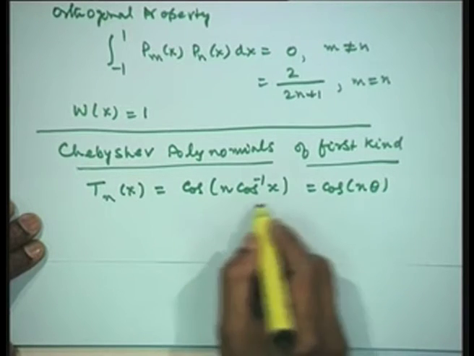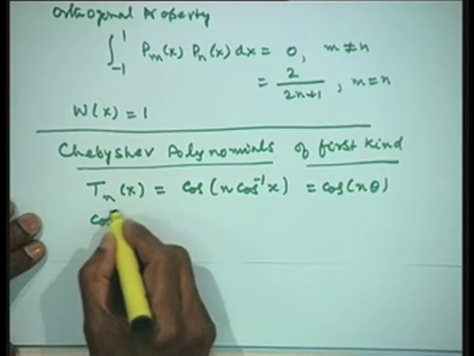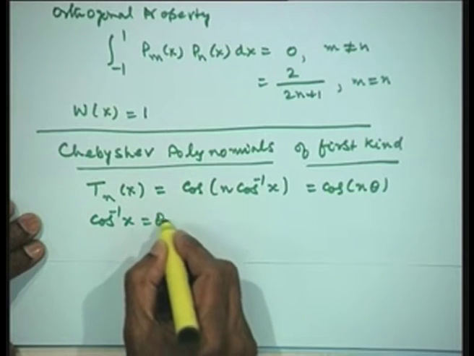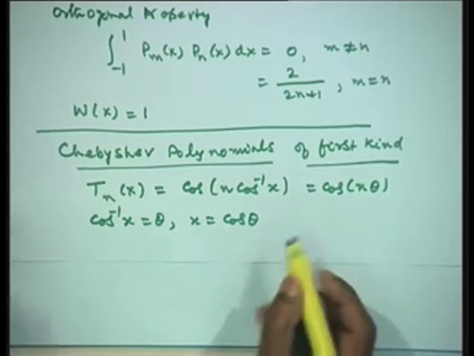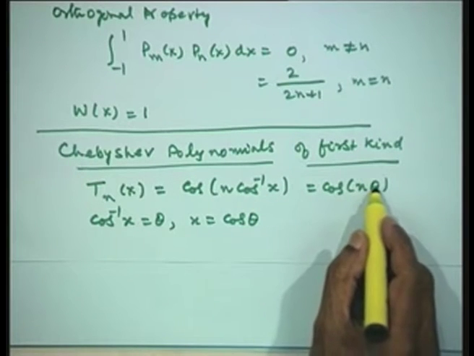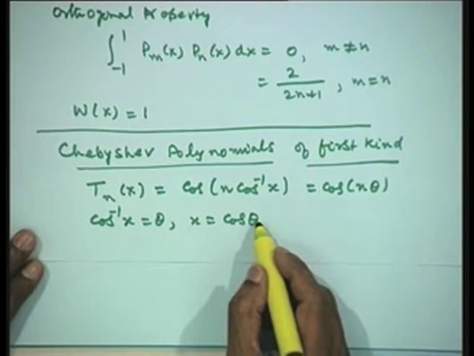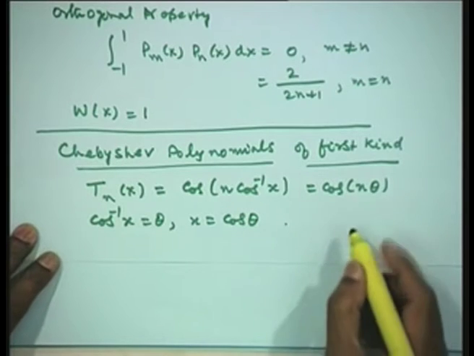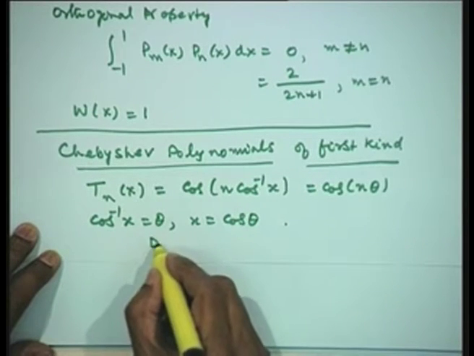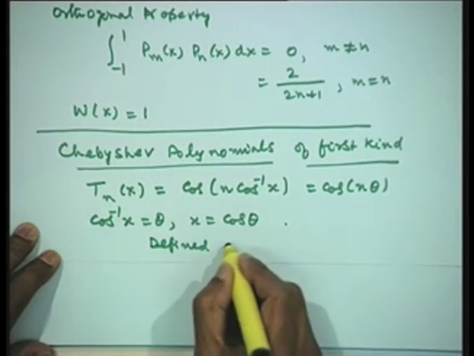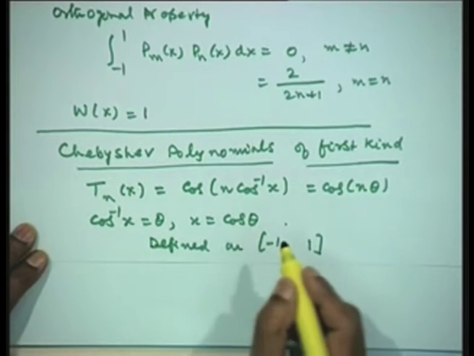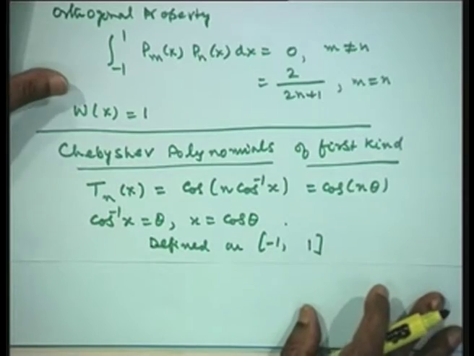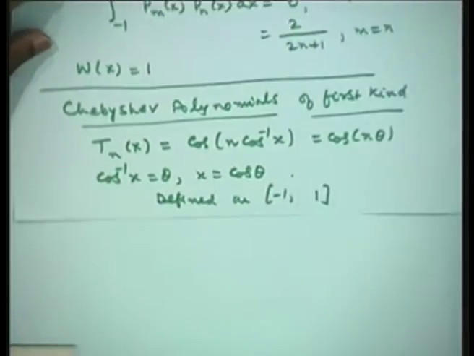That means we have set cos inverse of x equal to theta, or x is equal to cos theta. They are all defined on minus 1 to 1, the same as in the Legendre polynomials.